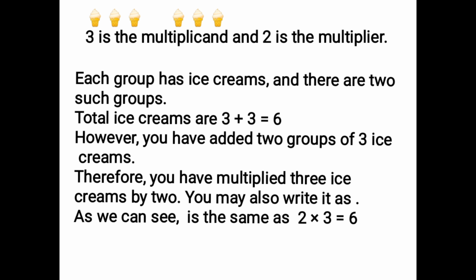The number of objects in each group is called the multiplicand. That is what we are multiplying. Now, the number of groups is the multiplier.